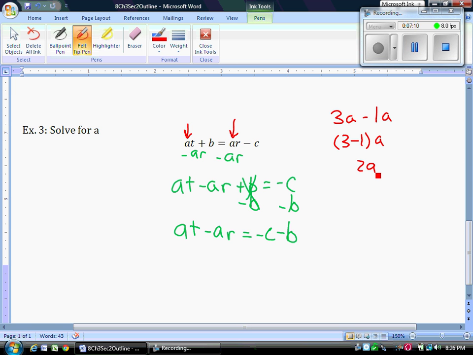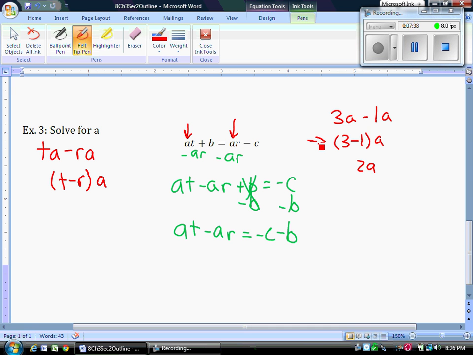So if I take a look at AT minus AR off to this side, I can rewrite it as T times A minus R times A. All right? And so what that means is to do TA minus RA, I would just do T minus R times A, just like I did over here.